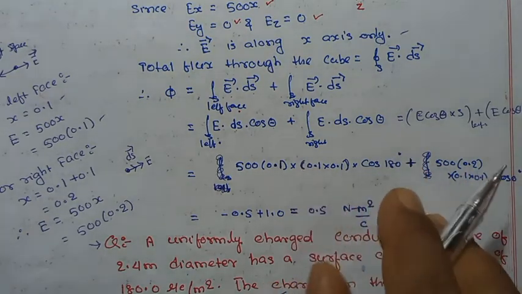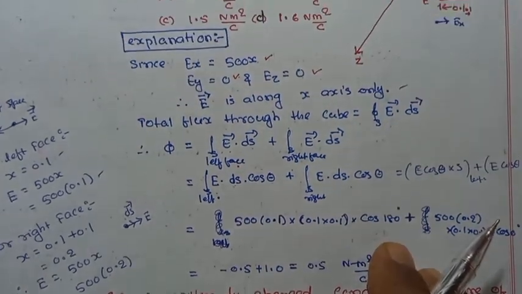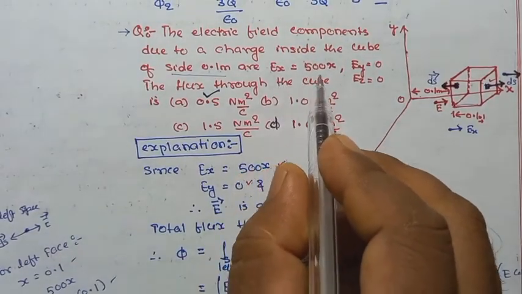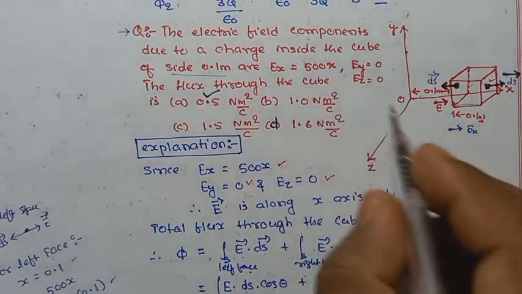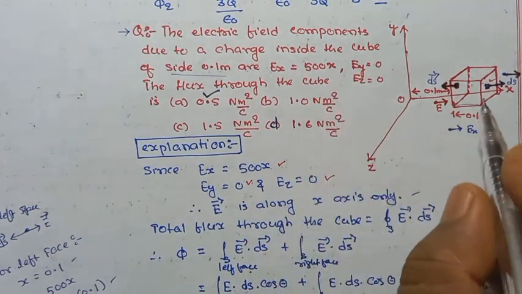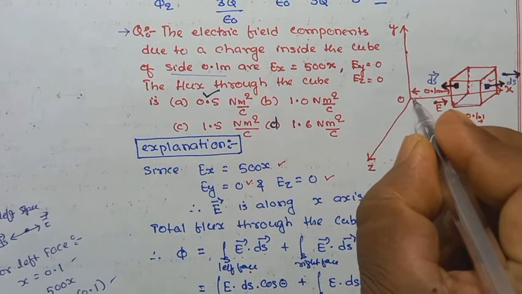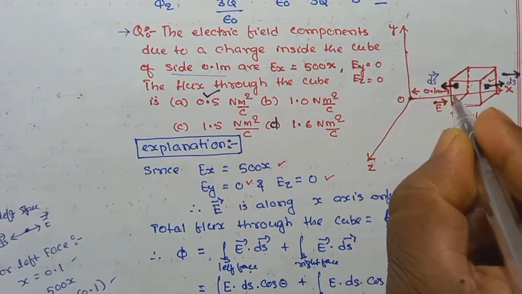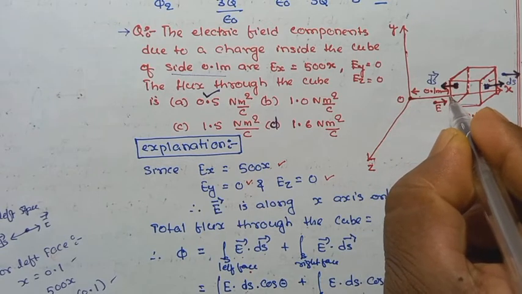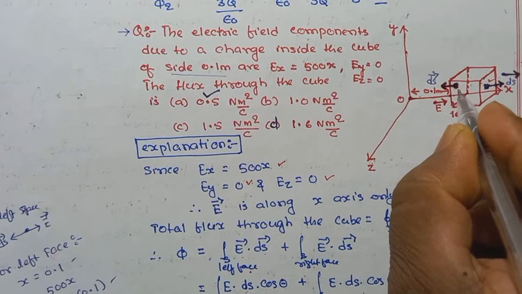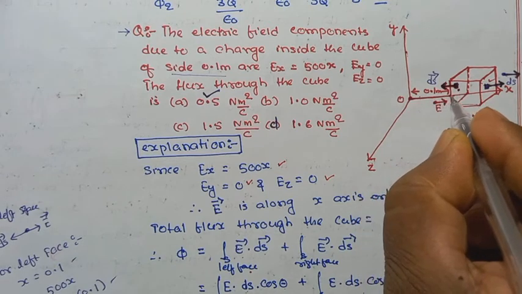So first we calculate E magnitude, because here Ex is equal to 500x, given. Here x is the distance of the face from the origin. This is the origin point and this face is at a distance 0.1 meter. So for the left face, Ex is equal to, we will put x is equal to 0.1 because this distance is 0.1.